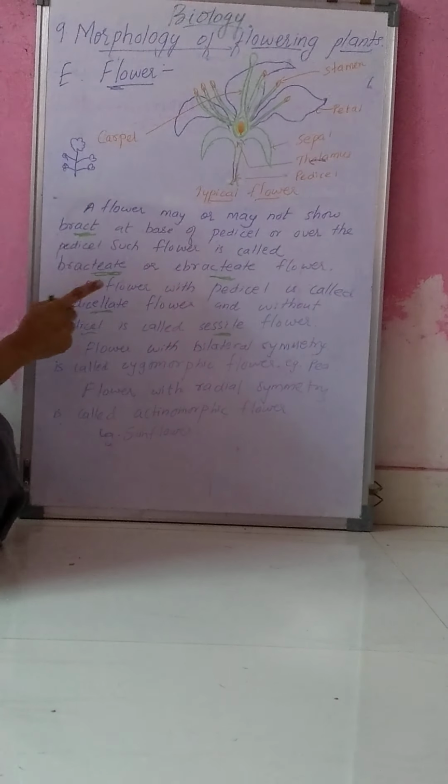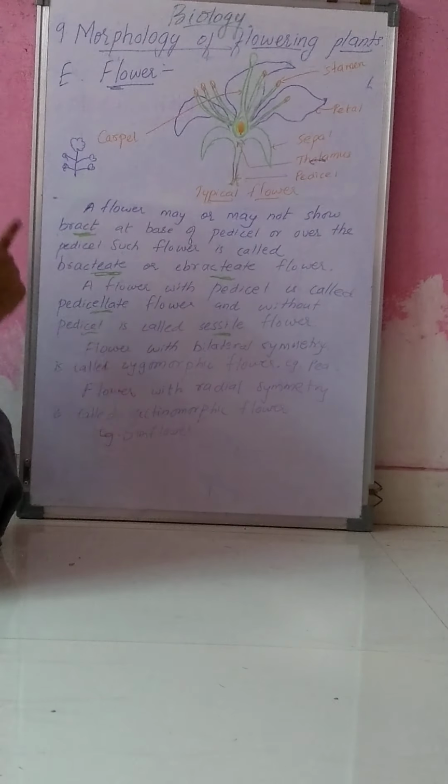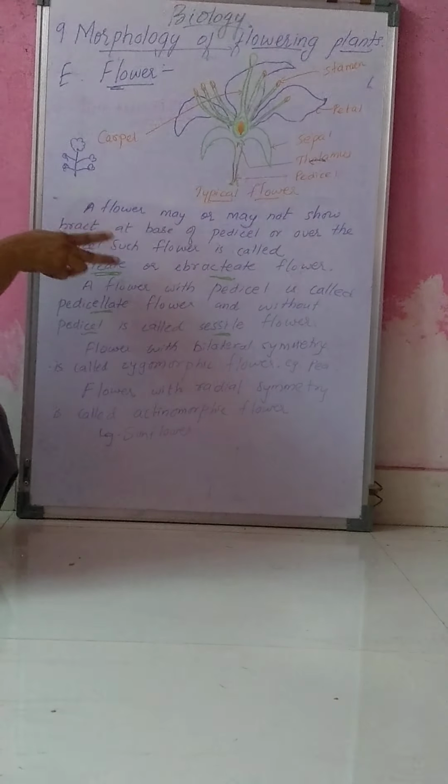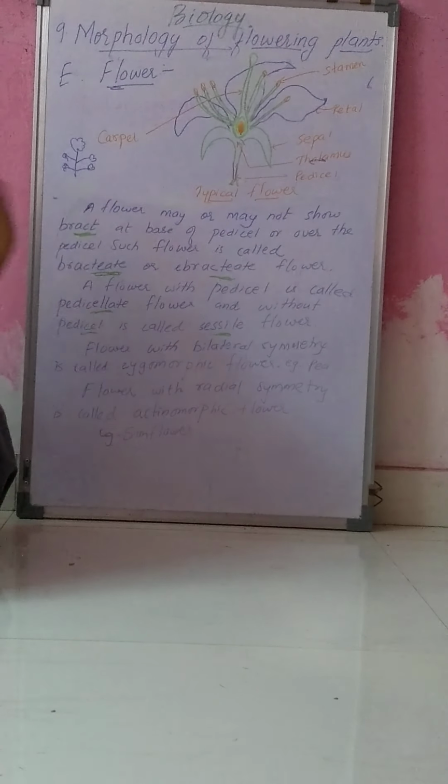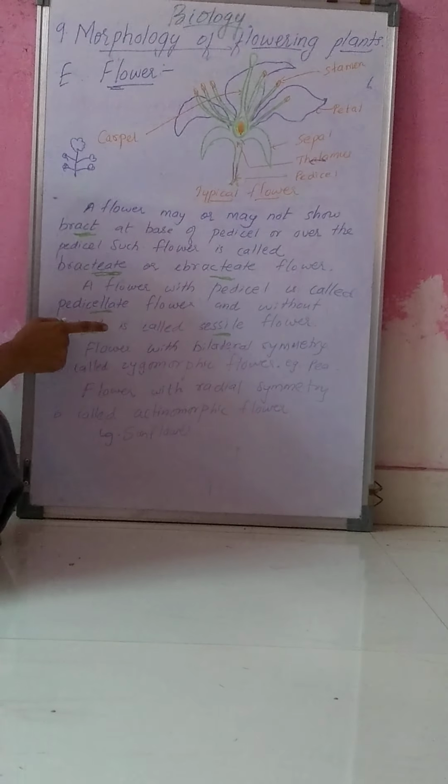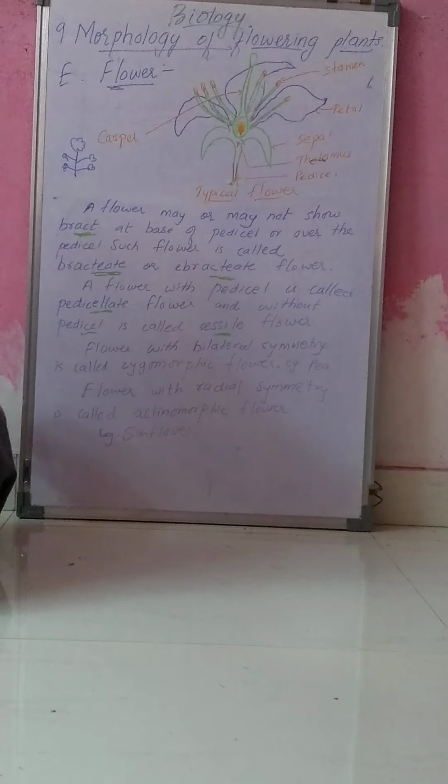If pedicel is present, that type of flower is known as pedicellate flower, and if the pedicel is absent, that type of flower is known as sessile flower. On the basis of bract, also two types of flower are present, that is bracteate and ebracteate flower. On the basis of pedicel, flowers are also of two types: pedicellate flower and sessile flower.